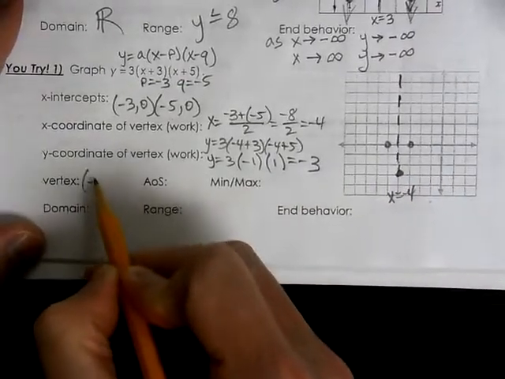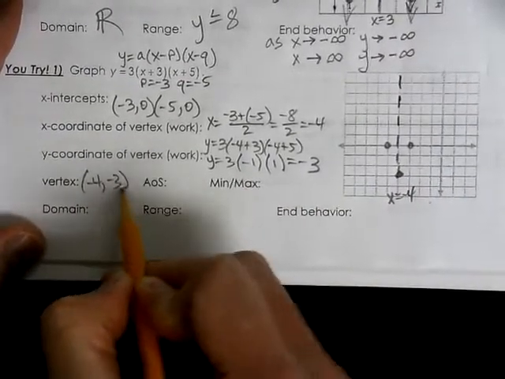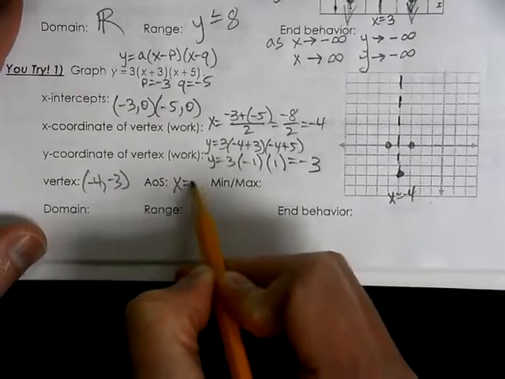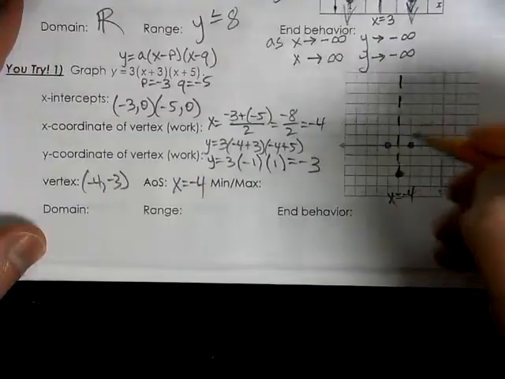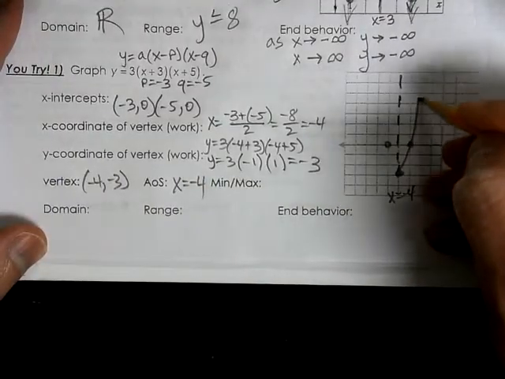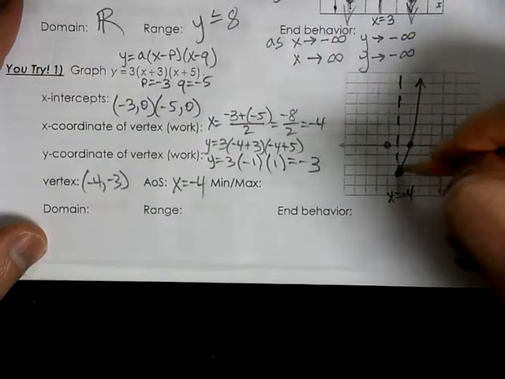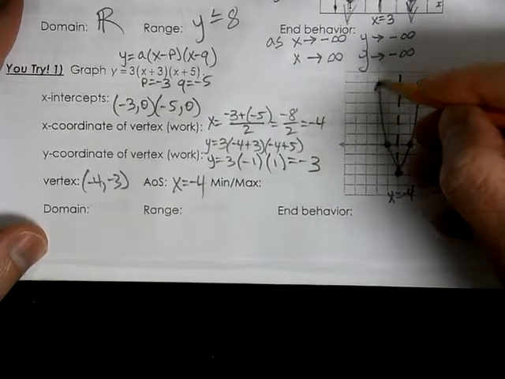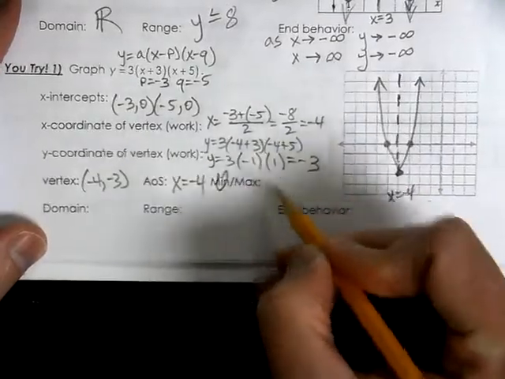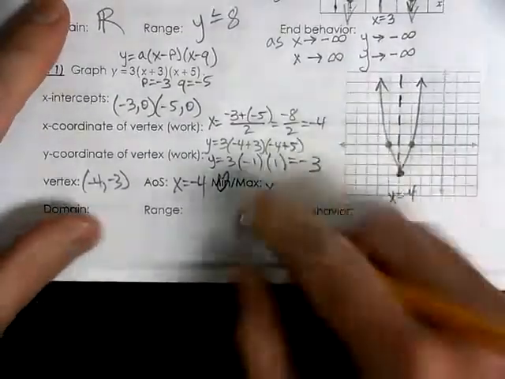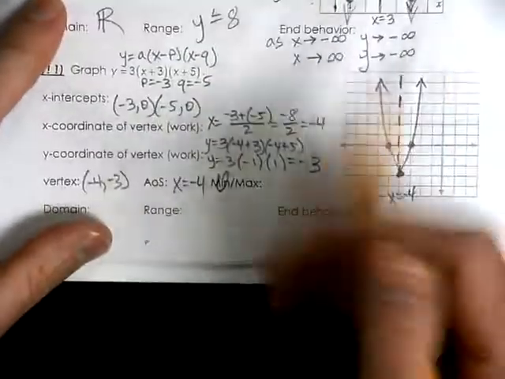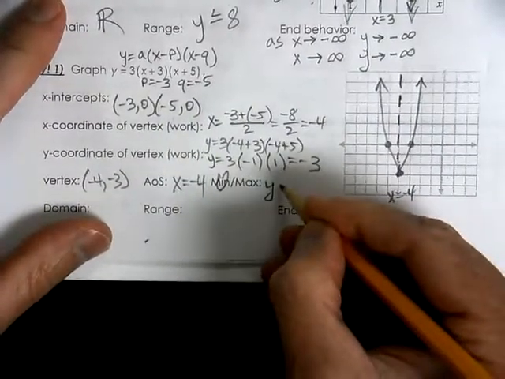So our vertex is (-4, -3). Axis of symmetry is -4. That's going to make us have a minimum value, and remember, minimum values are always y values.